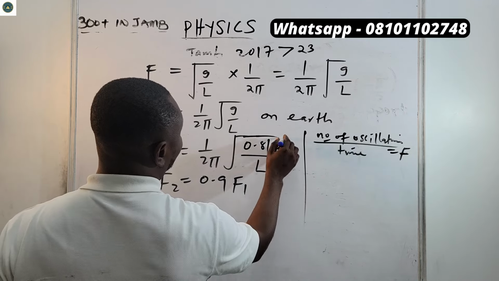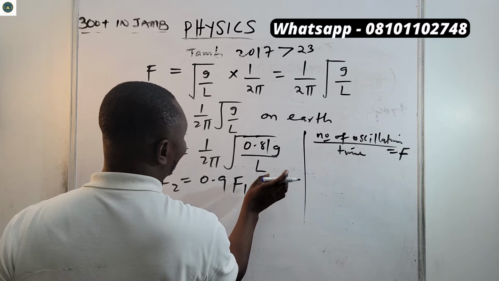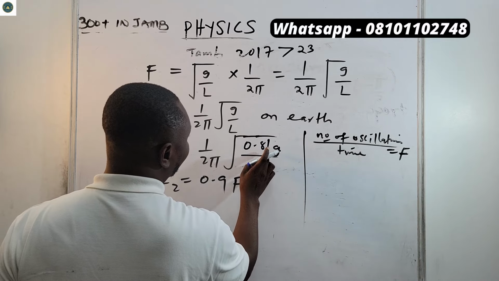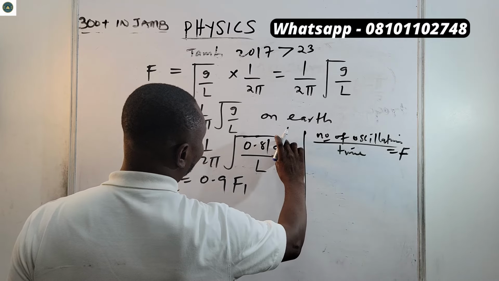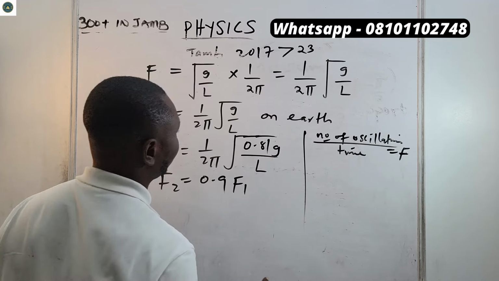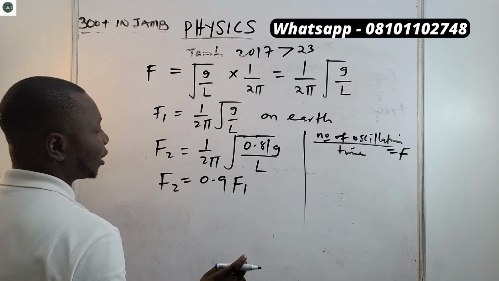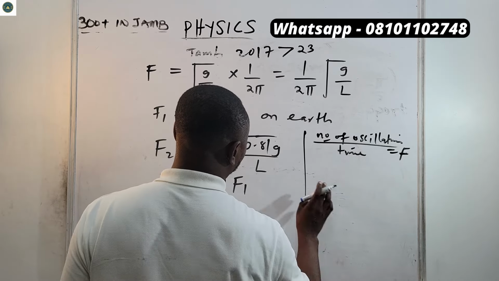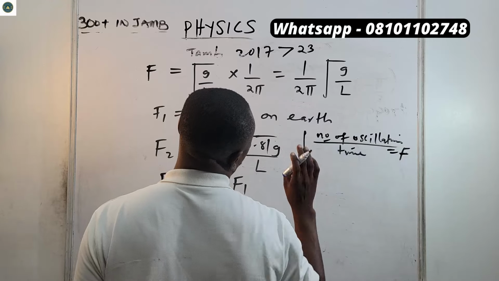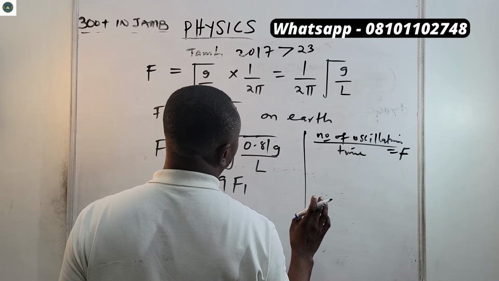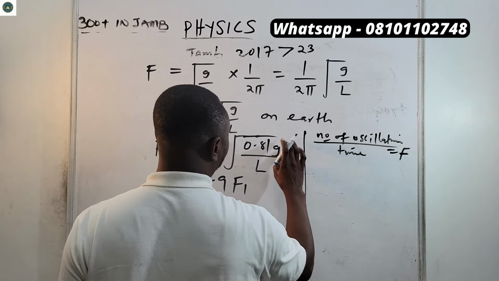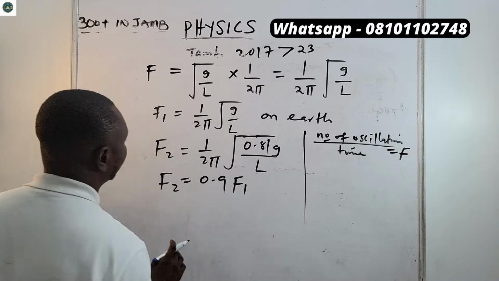So what we are taking is 81%, that's 0.81 of the entire what? G. For example, if G is 10, we are taking 81% of G. If it's 50%, it would have been 50% of G.